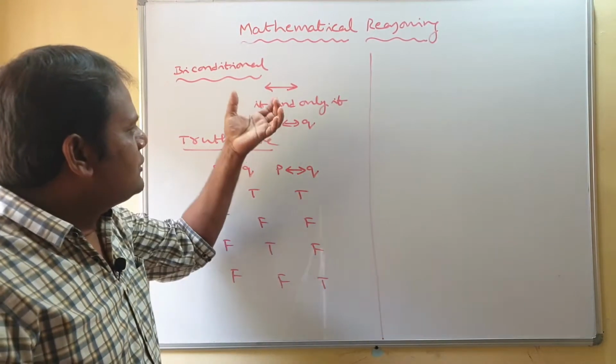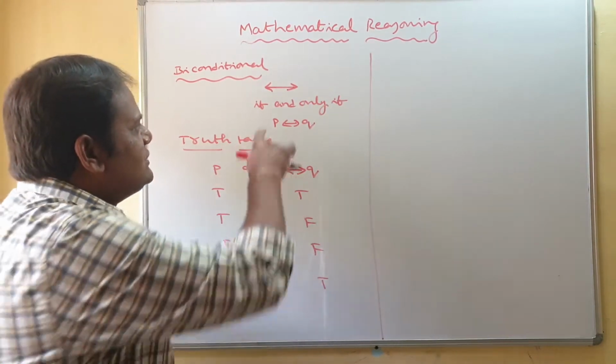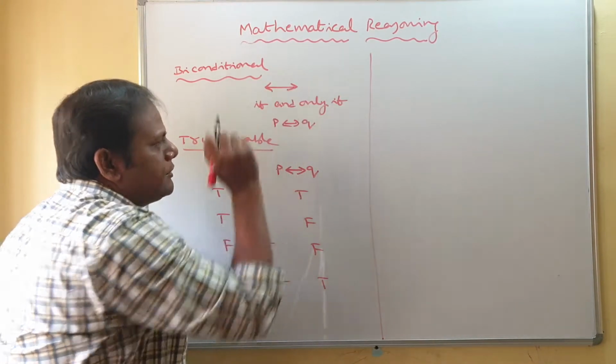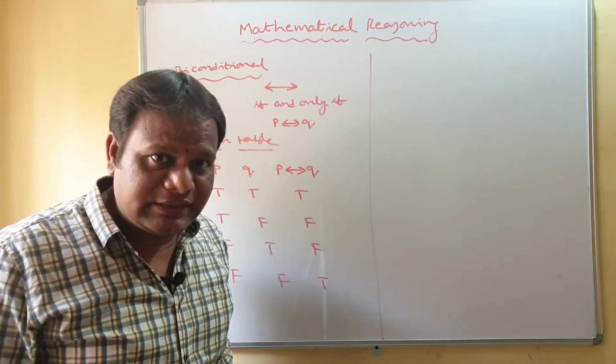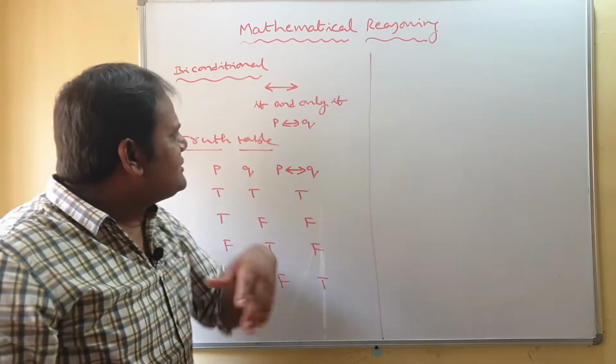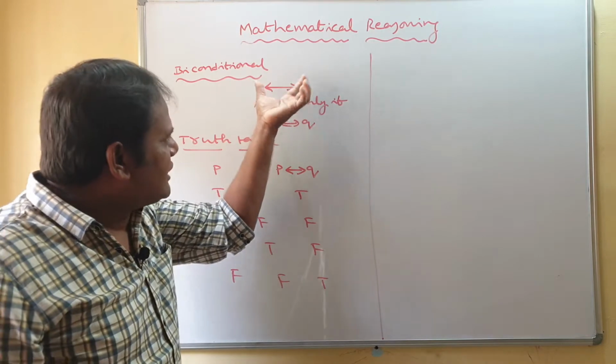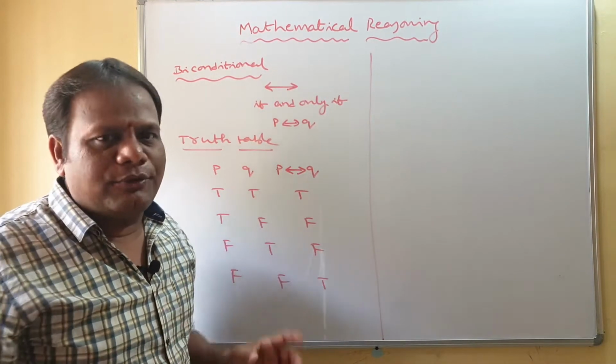The next one is biconditional. Biconditional is if and only if. So this is denoted by this symbol, double-sided arrows. In chemistry, you went through this type of symbol, I mean reversible, is it right?